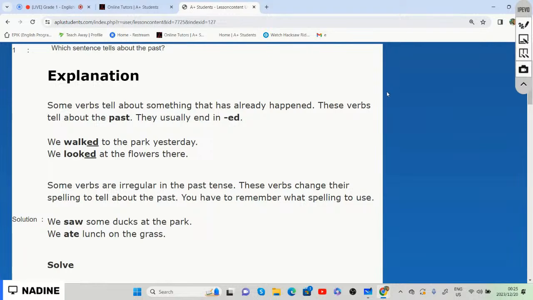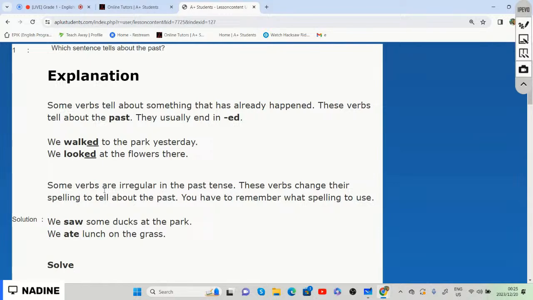It basically tells us about the past. And they usually end in ed. And we made an example of walked, looked, jumped, right?